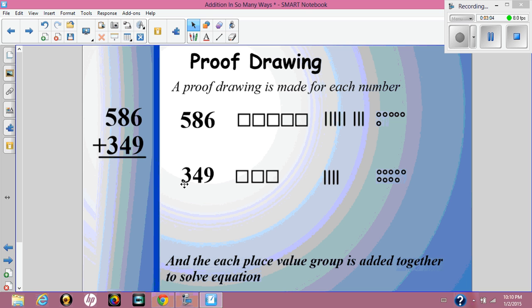Then we have 3 100 boxes, 4 10 sticks, and 9 ones demonstrating 349. If we add each of the place values together, 15 plus 12 plus 8, we create in the same way as the equation, add them together, regroup any that need to be regrouped, and we come up with 935.